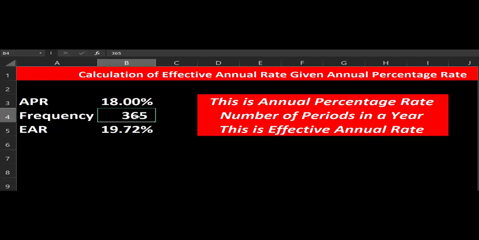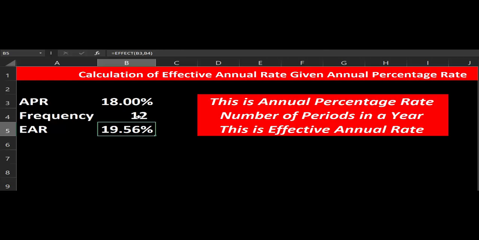Well, 52. Well, almost, but we act like it's 52. Well, that's 19.68. So effectively, the loan that has weekly frequency of compounding is better for you because it has a lower effective rate. If it was monthly, 12 months a year, that would have been 19.56 and so on. In general, the higher the compounding frequency, the higher the effective annual rate.